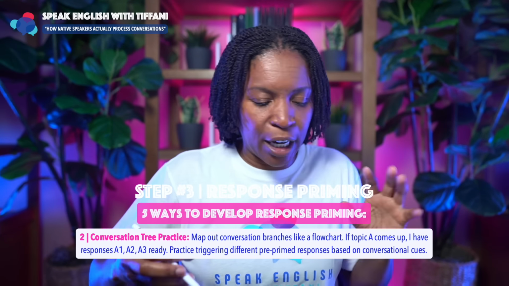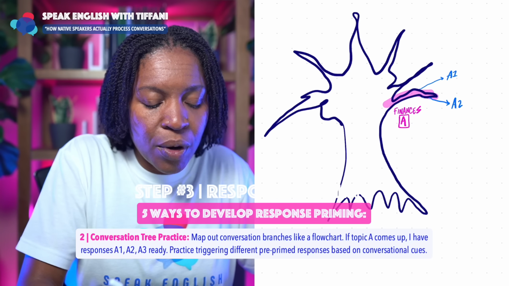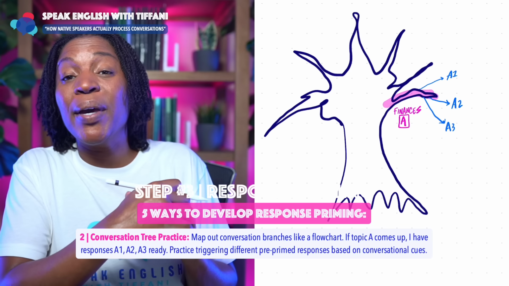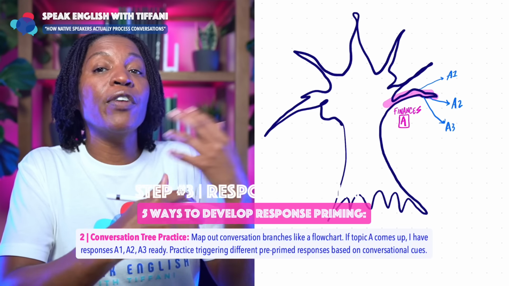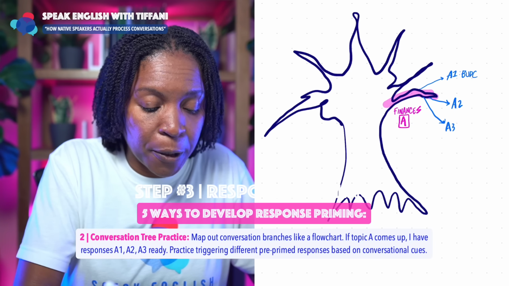Maybe you are speaking about finances. So this is topic A, and you want to be able to have 3 different options for this topic. So you have option A1, option A2, and option A3. And if the main heading topic is finances, maybe your response is going to be about your team's budget.